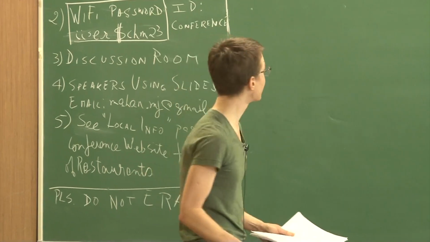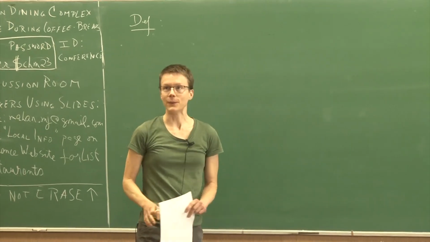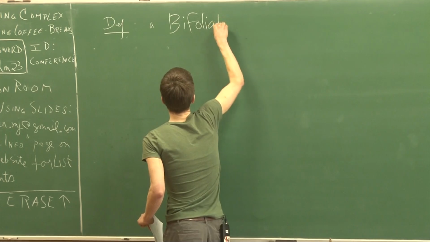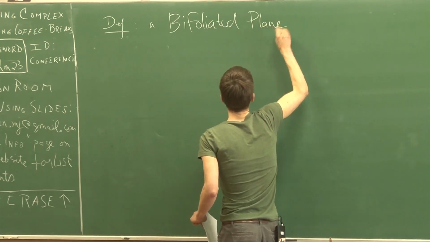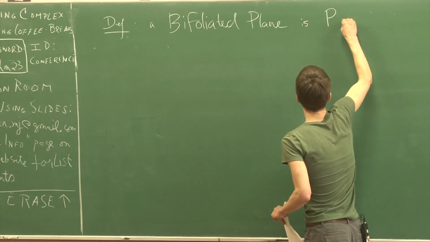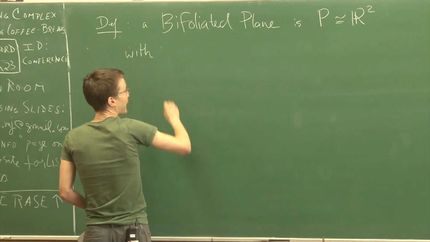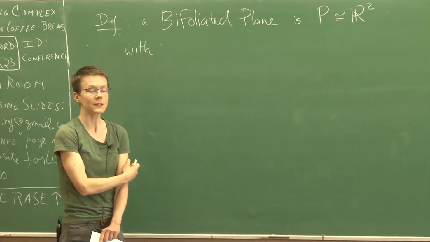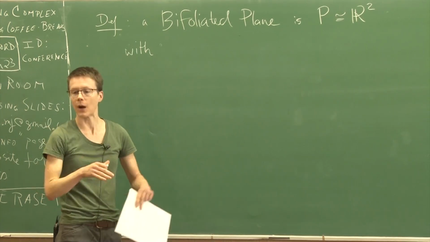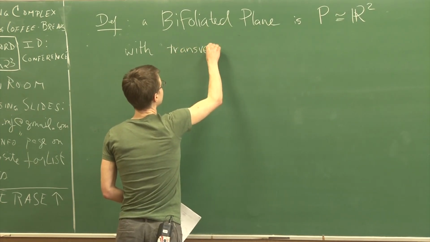Okay, so what are the spaces? The spaces are what I call bifoliated planes. A bifoliated plane is just a plane P with a pair of transverse foliations, which we allow to have some isolated, particularly nice pronged singularities.